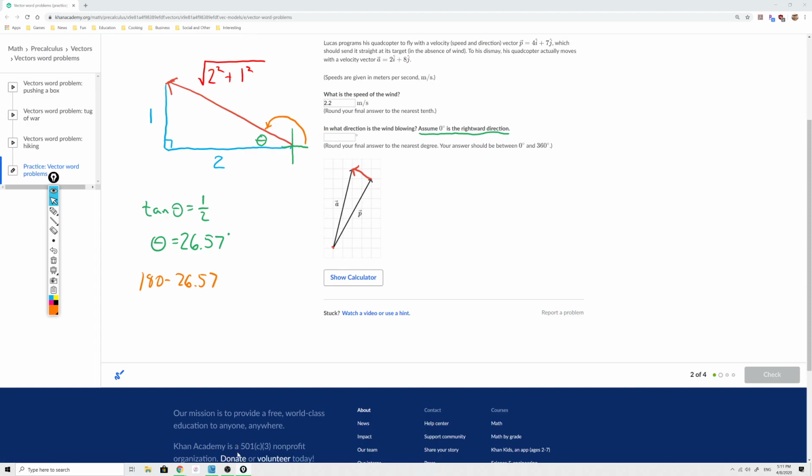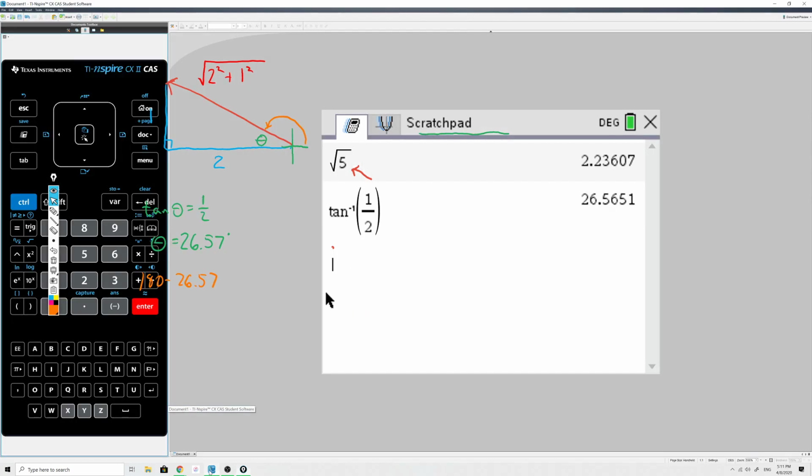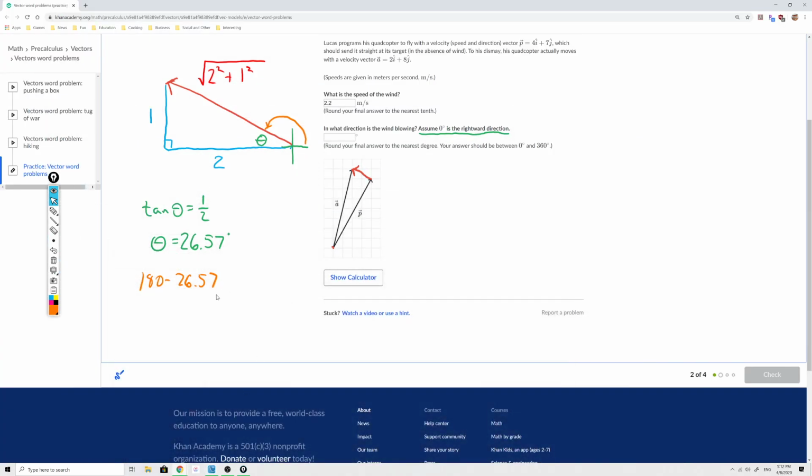I don't trust myself to do arithmetic properly at this time of day, so let's just see. 180 minus 26.57, meaning that that angle is 153.4, and we do have to round to the nearest degree. So that's going to be 153 degrees. So if I've done this properly, the direction is 153.